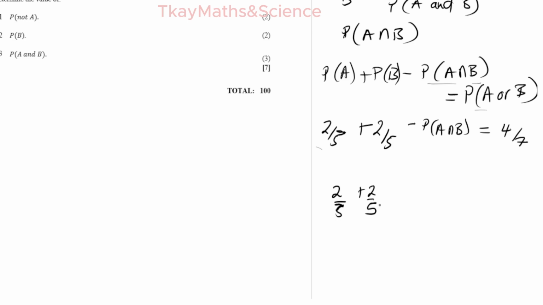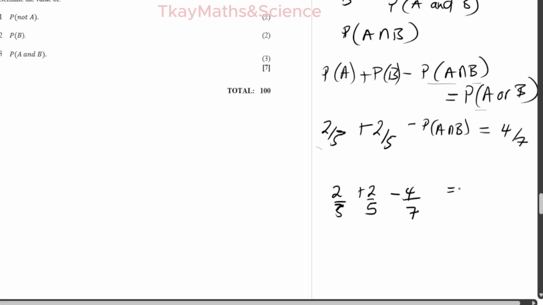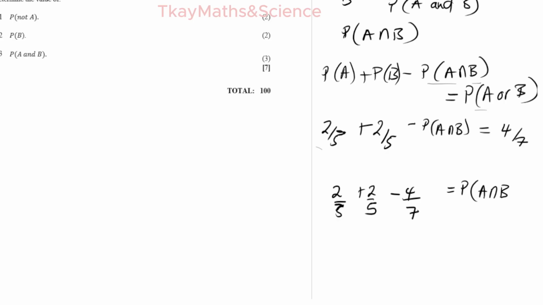All right, so like this. Then we put this one on this other side and bring 4 over 7 to this side. So 4 over 7 is equal to the probability of getting A intersection B. Okay, so 2 over 3 plus 2 over 5 minus 4 over 7.